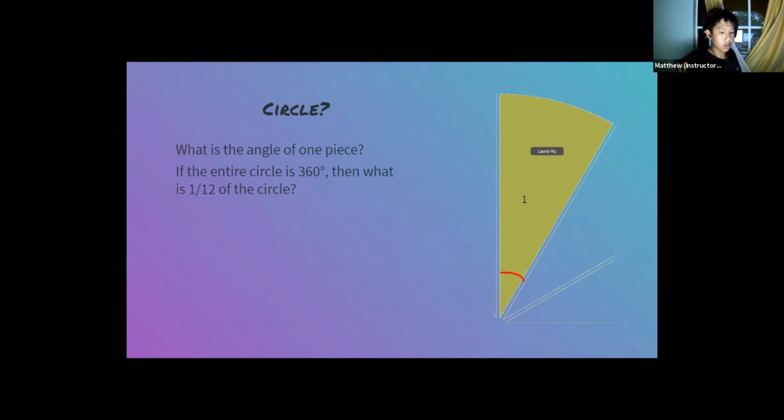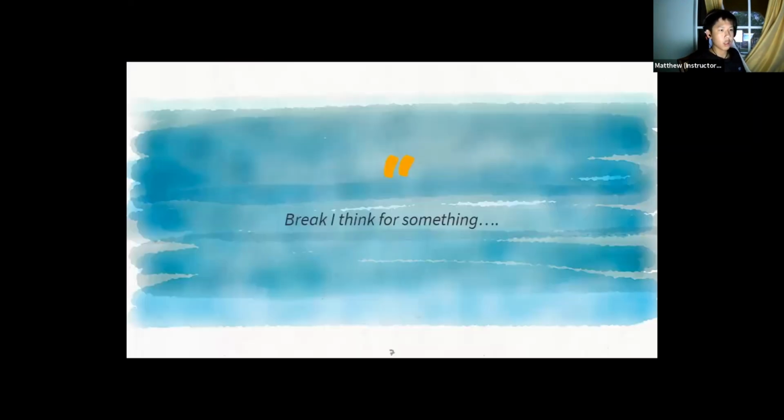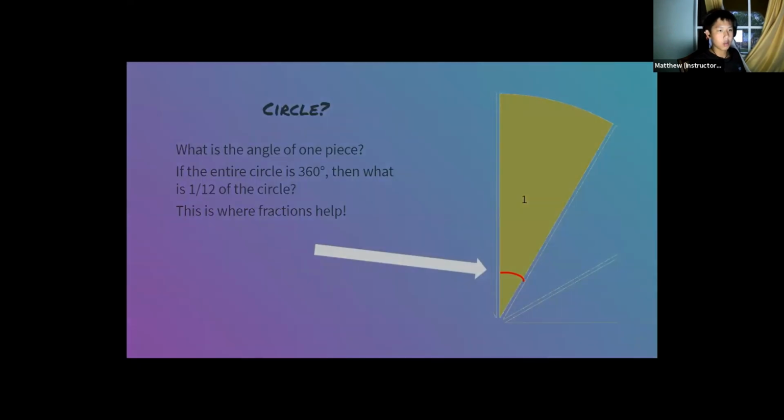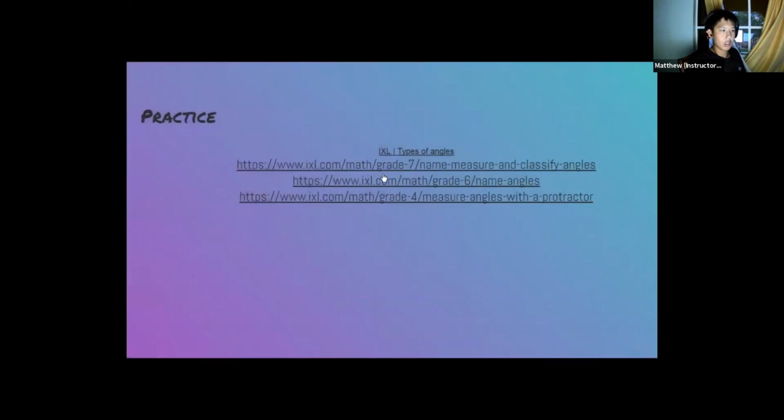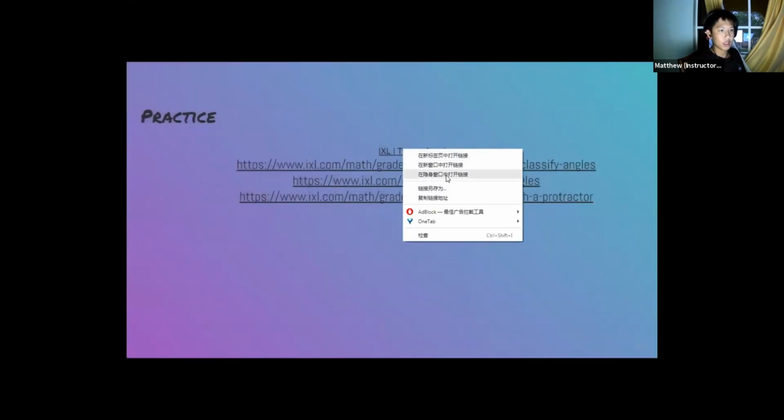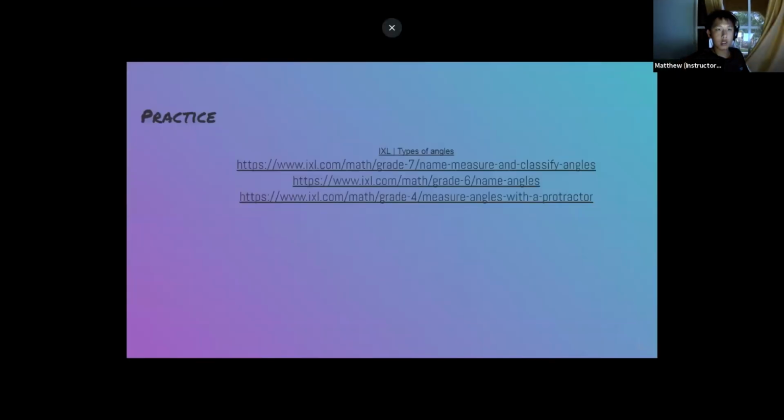Let's just continue. These fractions. No, I'm going to skip the break for now. I'll copy this one. And share.